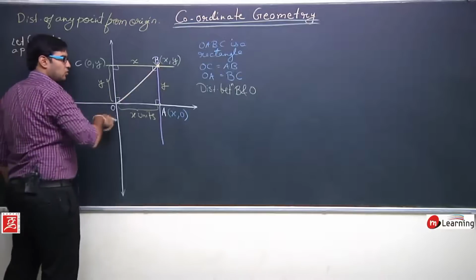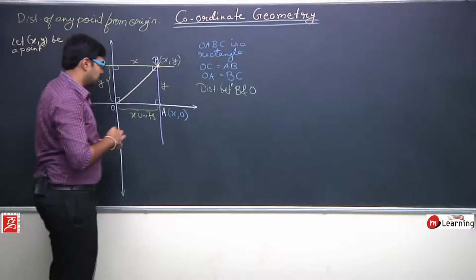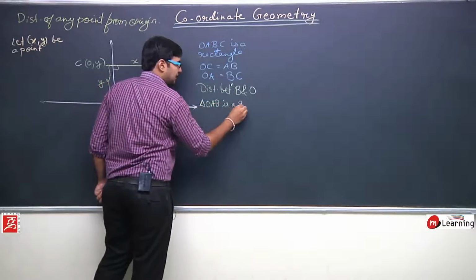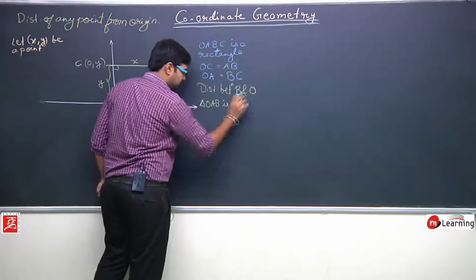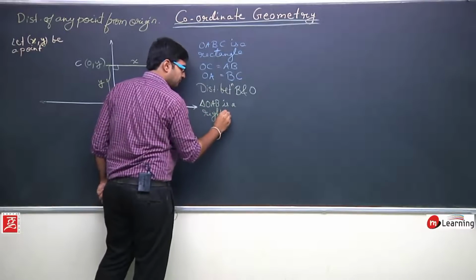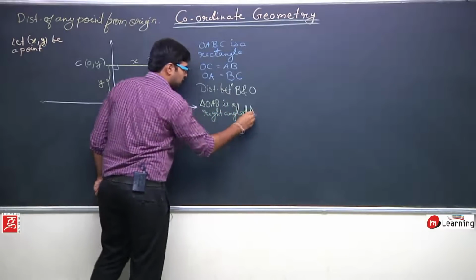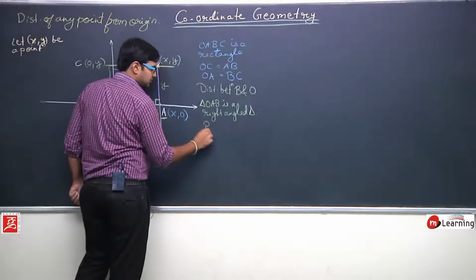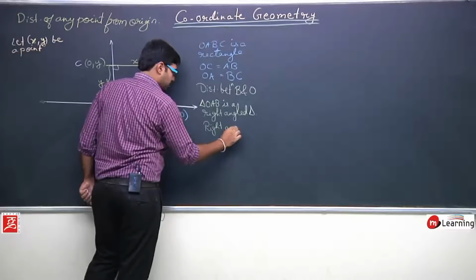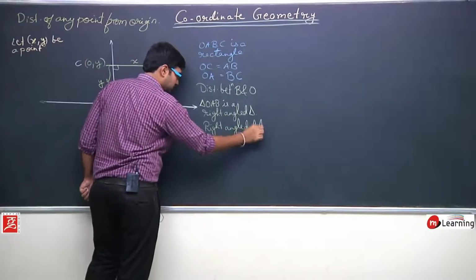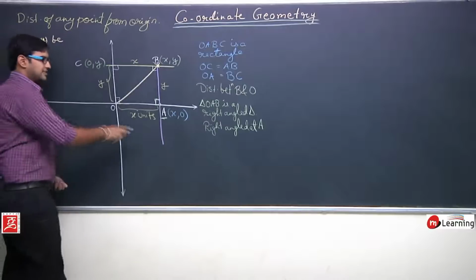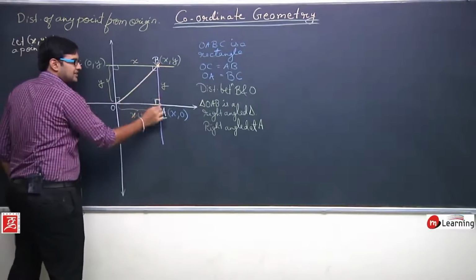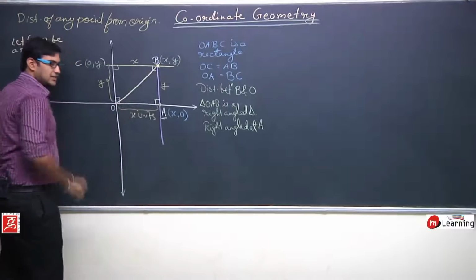This is the length of line OB, and you can see that triangle OAB is a 90-degree angled or right angled triangle, and it is right angled at this point, right angled at A. Now if this is right angled at A, you can see that OB is basically the hypotenuse, BA is basically the perpendicular, and OA is basically the base.